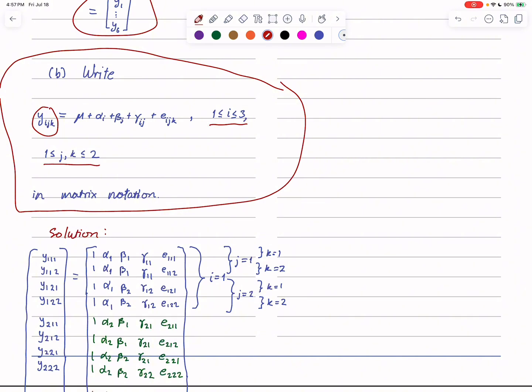And for each specified i, j, k, we want to have this equation: mu plus alpha i plus beta j plus gamma ij, which is kind of tricky. That's like an interaction term, so to speak, but we'll talk more about that later. And then e_ijk.